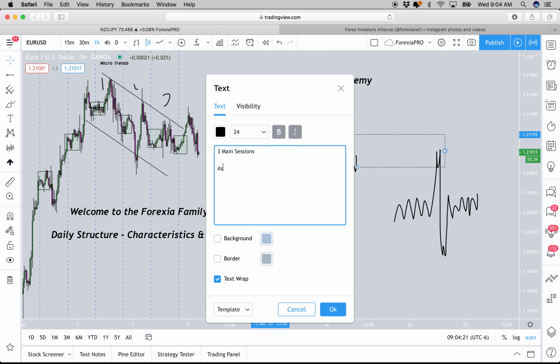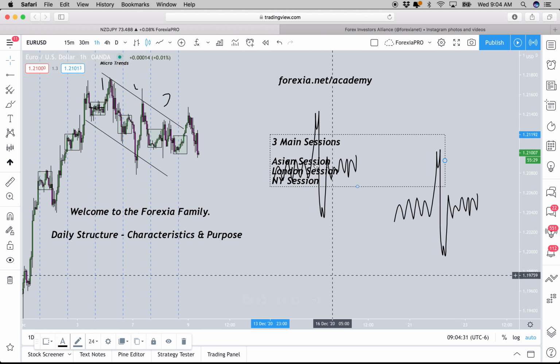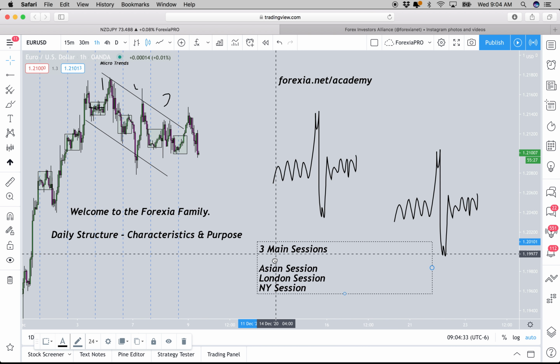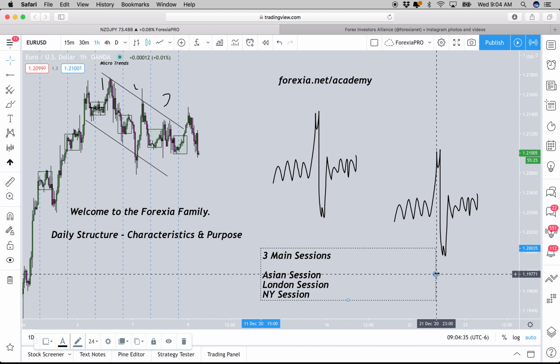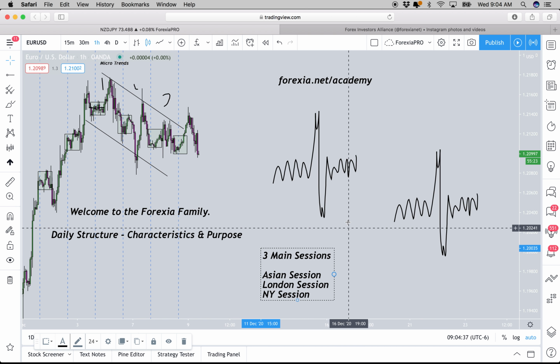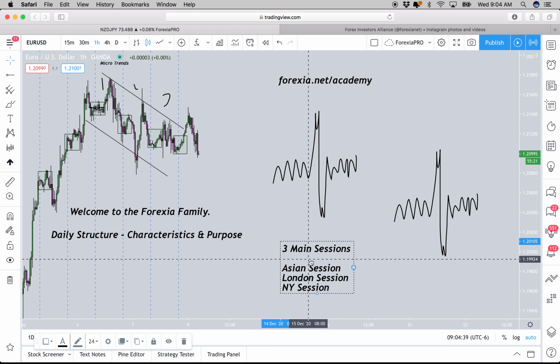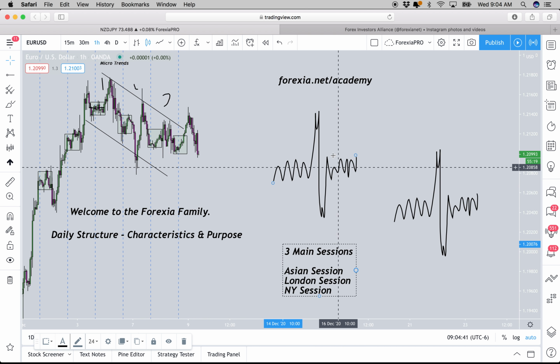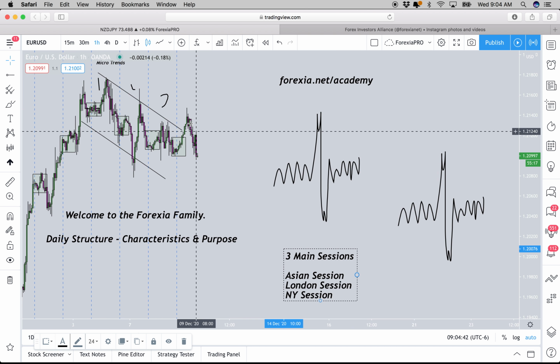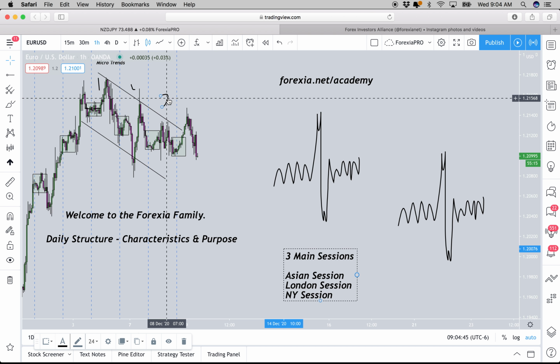It is Asian, London, and New York session. These are the 3 main sessions that we like to take into consideration when looking at this daily structure or when trying to understand what the market is going to do next.